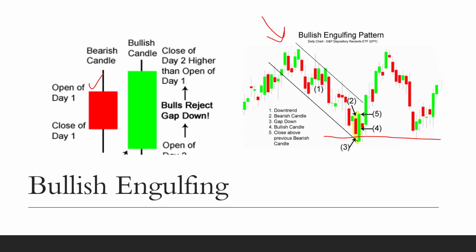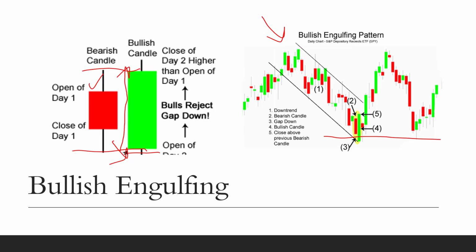The next day, it gaps down, so it opened right there, right? Remember in the beginning? Now the buyers are buying it all the way up. The reason it's called engulfing is because the body engulfed this entire candle.